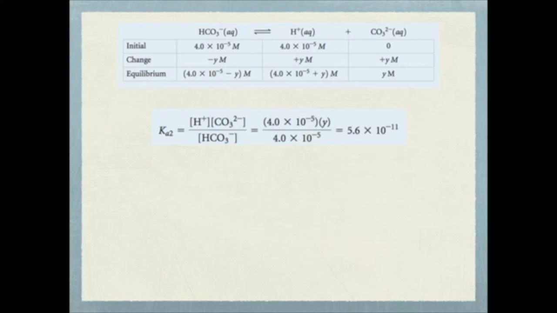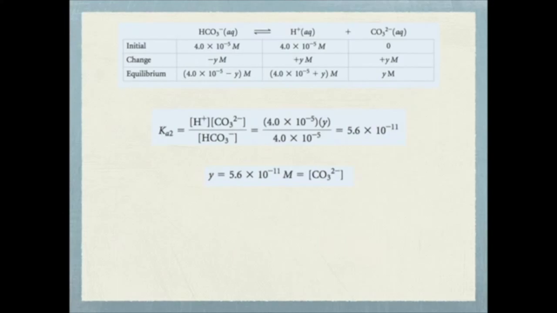Instead of 4.0 times 10 to the negative 5th plus Y, I can just say 4.0 times 10 to the negative 5th. I'm going to multiply that by Y, because that's the concentration of carbonate, and divide that by 4.0 times 10 to the negative 5th. Notice it's very convenient because those 4.0s cancel out, and I end up just with Y equals 5.6 times 10 to the negative 11th. And that is your concentration of carbonate.